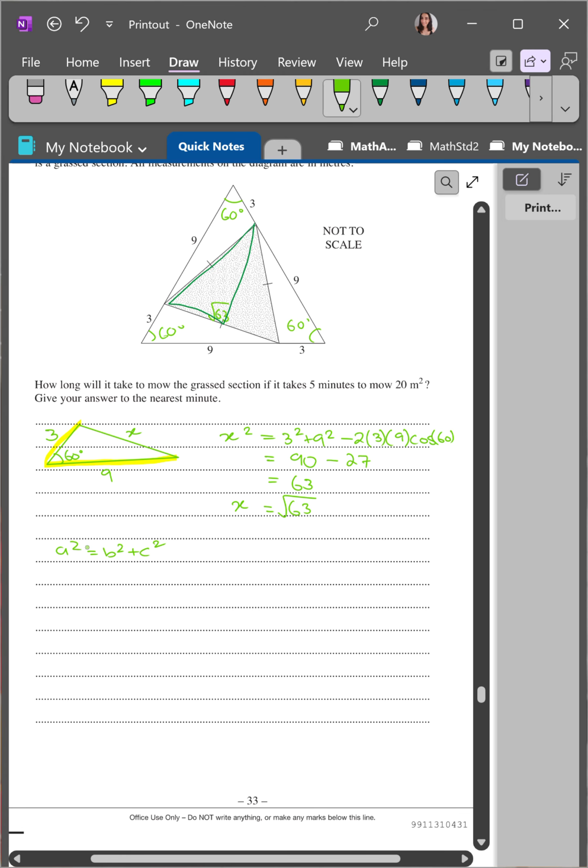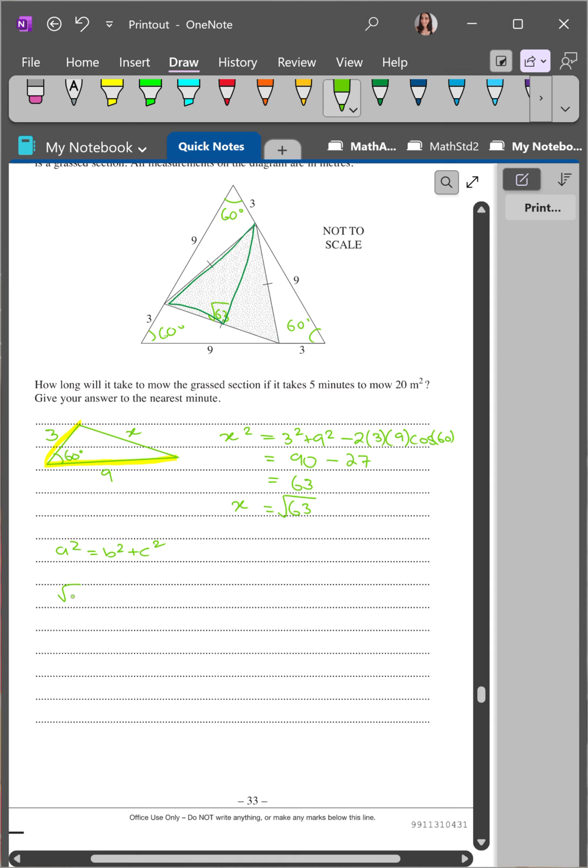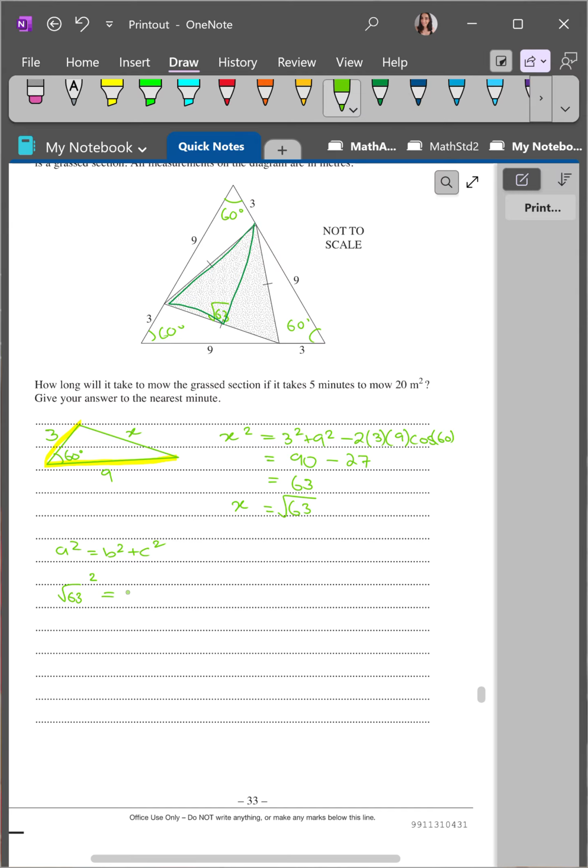So a squared is going to be the hypotenuse, and we know the hypotenuse because it's the same as this long side. It's going to be the square root of 63. So the square root of 63, squared, equals b squared, where b is the height of the triangle, plus the square root of 63 divided by 2, because we only want half the triangle, and all that is squared.